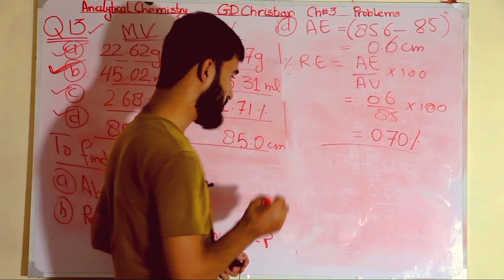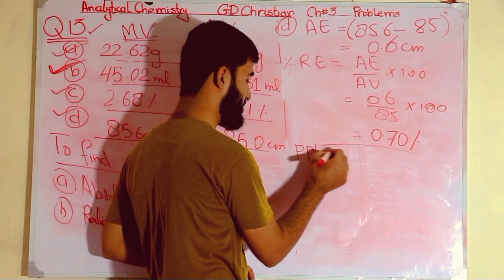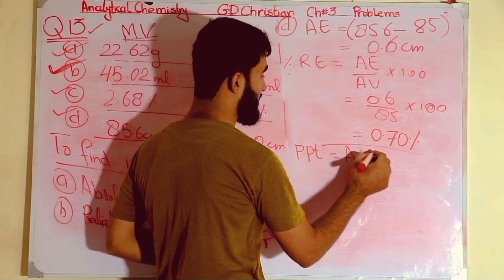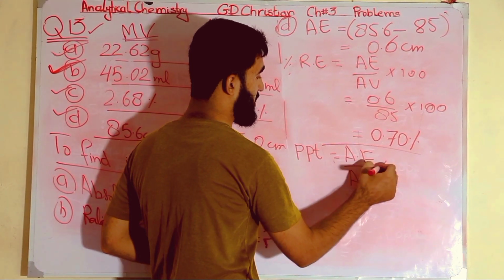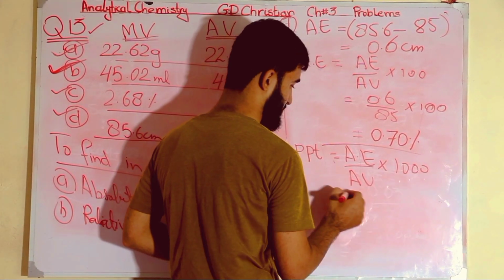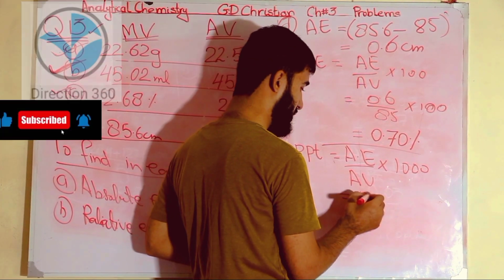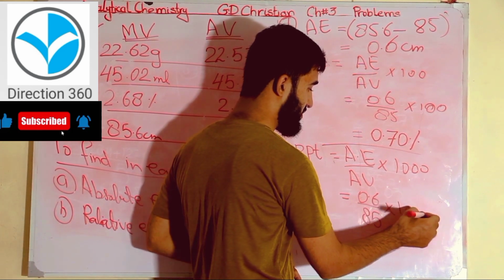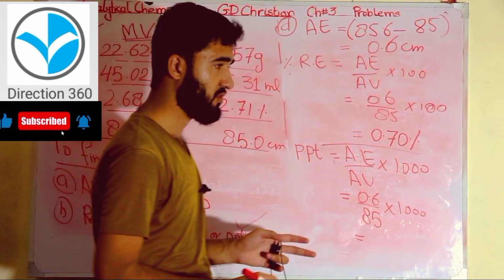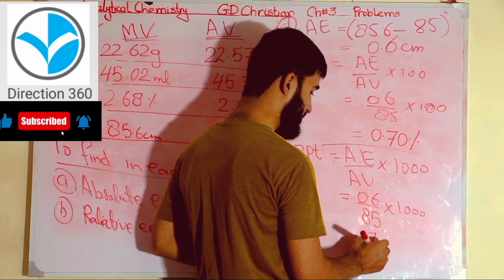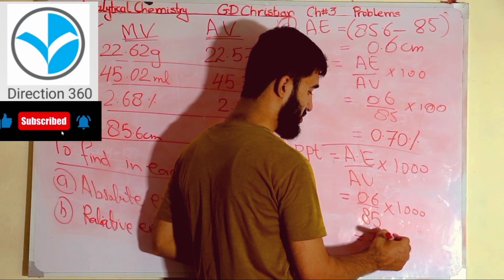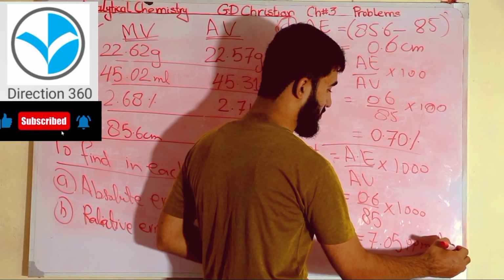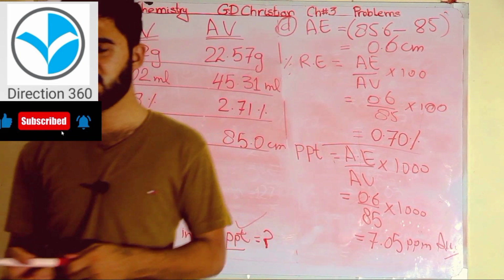The last part is we have to calculate parts per thousand, which is equal to absolute error over accepted value multiplied by 1000. Now putting the value 0.6 over 85 multiplied by 1000, by solving this, we obtain the value which is equal to 7.05 PPT, which is our required answer of part D, parts per thousand.